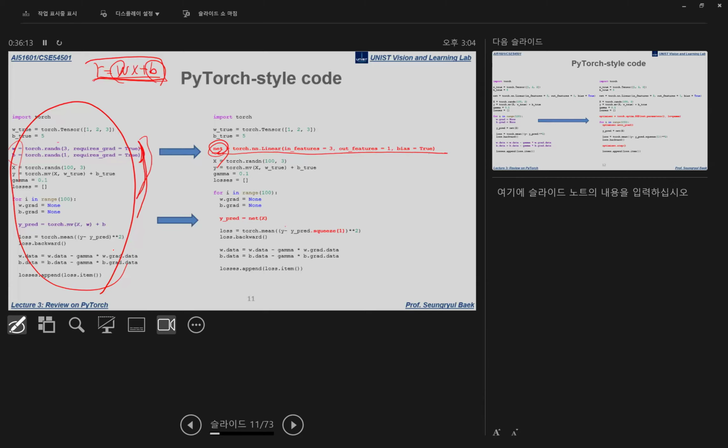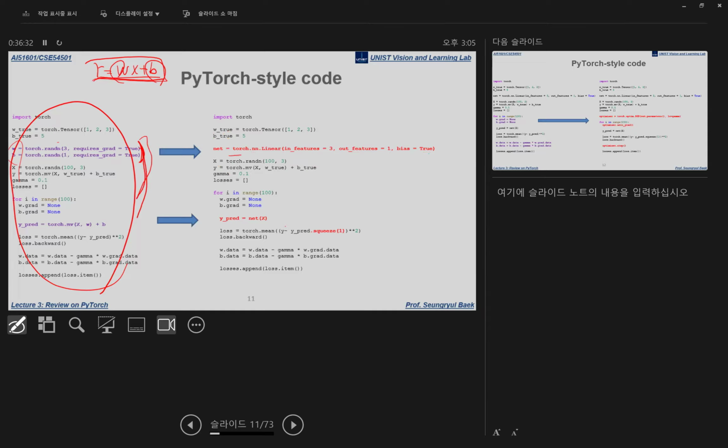To avoid that, PyTorch implements the code in this way, not pointing to the parameters themselves. They make some net variable for the network itself.